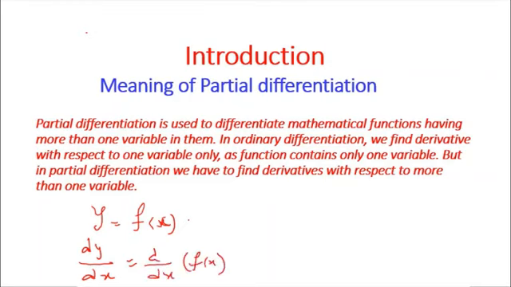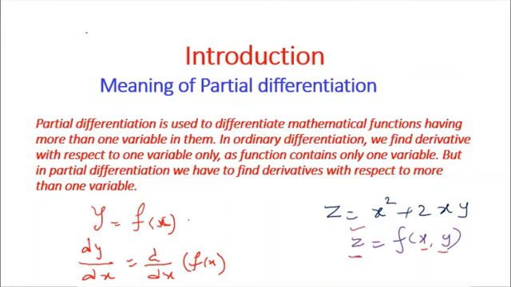But suppose I have a function like this, z = x² + 2xy. So here z is a function of x, y. There are two independent variables x and y and one dependent variable. z is a function of more than one variable.